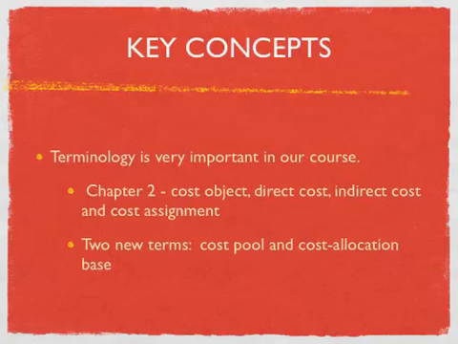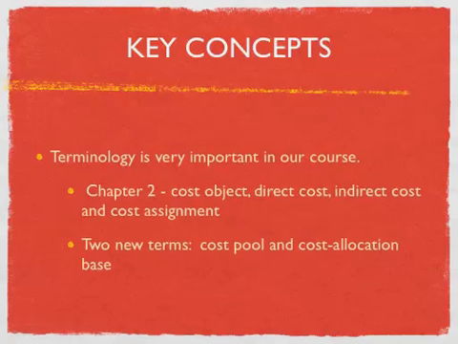Indirect costs cannot be traced to the cost object, or it might be very cost inefficient, so we'll actually allocate those. Cost assignment, if we remember that term, is a general term. It includes cost tracing for direct costs, as well as cost allocation for indirect costs.